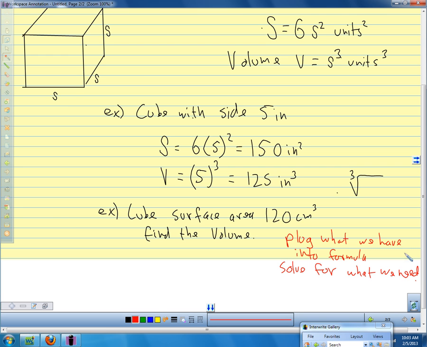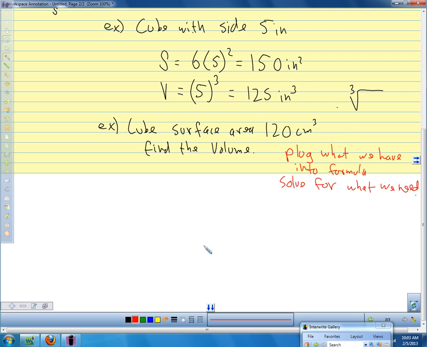We did these kinds of problems when we talked about area, where we had the area of the circle and wanted to find the radius. It's the same idea. We're going to plug in what we have and solve for what we need.